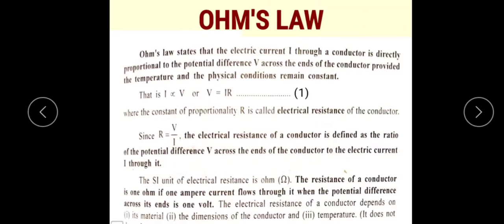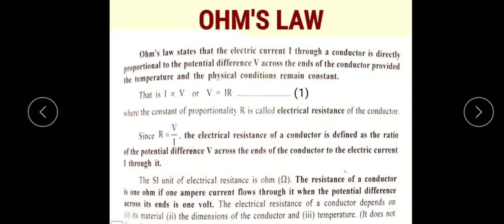What type of material is it? Whether it's an insulator, like rubber or plastic, or a metal. If it is a metal, it's a very good conductor, so its resistance is very less. If it is plastic or rubber, then in such a condition its resistance is more.